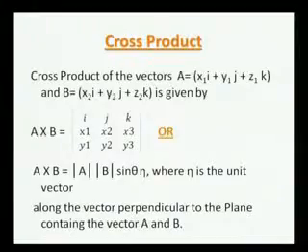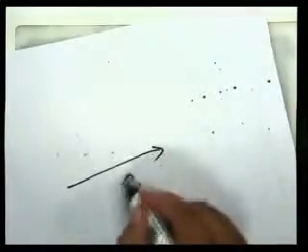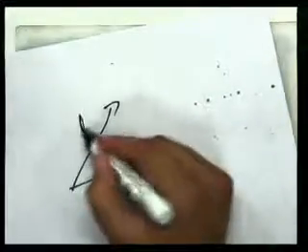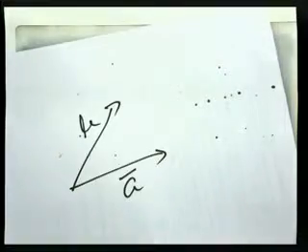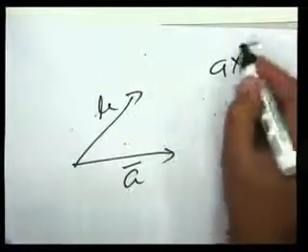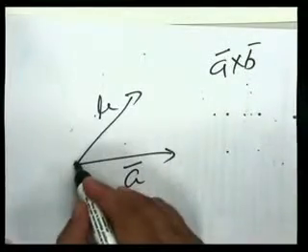So dear friends, I would like to explain this perpendicular vector. Suppose we have a vector A and another vector B, so you can say that A cross B is here.